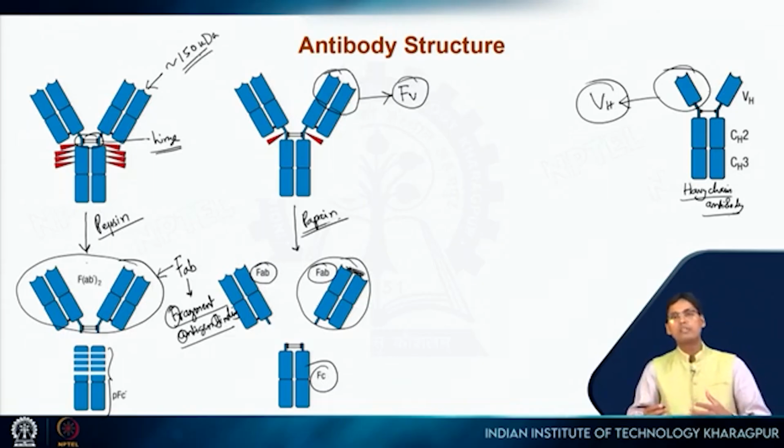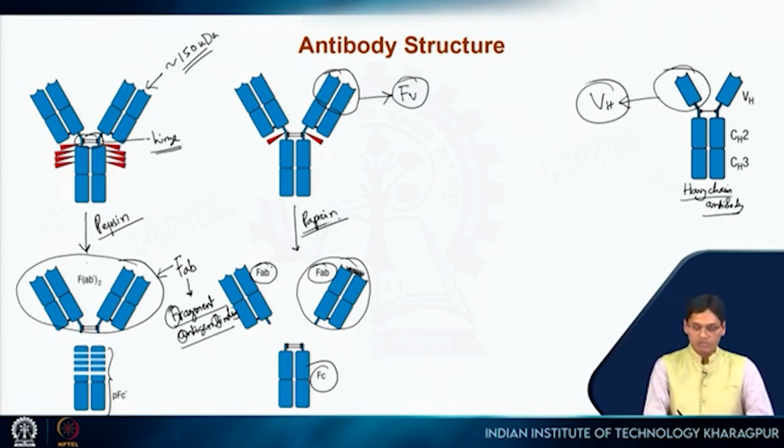For different clinical purposes, if you want to design a smaller antibody, one option is the Fab fragment, another is the Fv fragment, and this is the smallest fragment possible. Sometimes this is also called a nanobody, and it has therapeutic application.